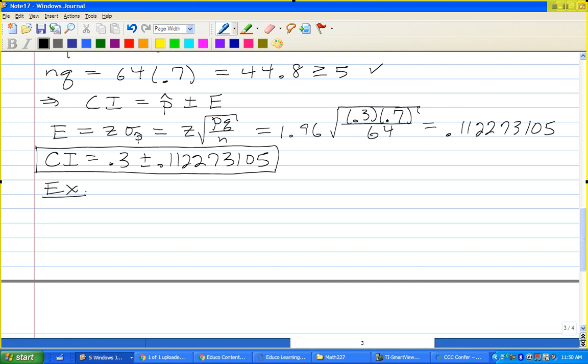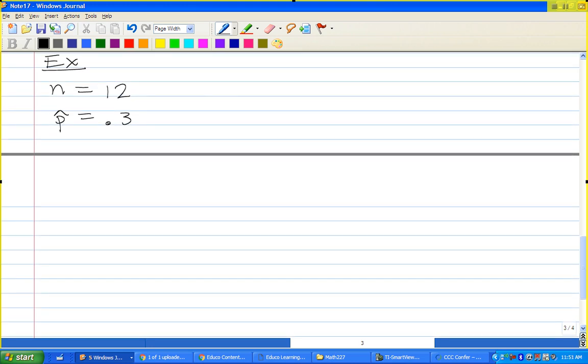So let's say here n is much smaller. Say n is 12 or something. And I'll use the same one. So let's say that n here is 12, so n times p is 3.6, so it won't work. And the sample proportion is 0.3.